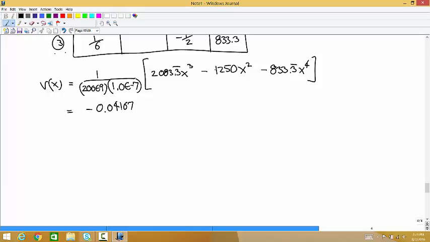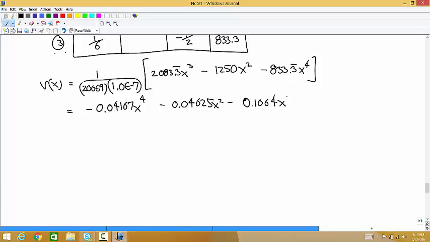And this one divided by 20,000 is 0.0625. This is the x squared.